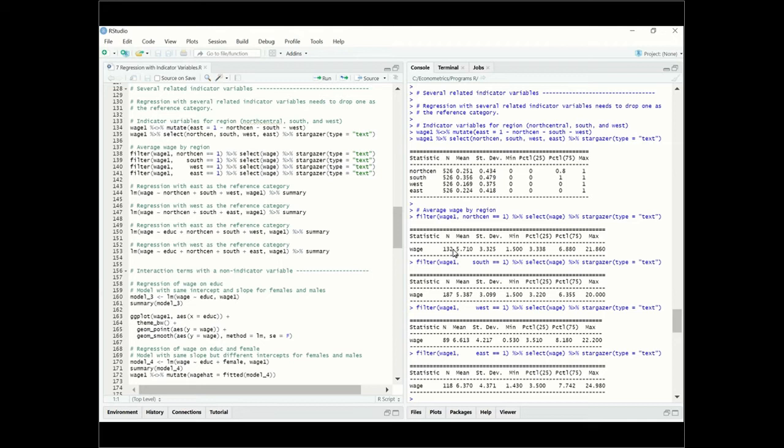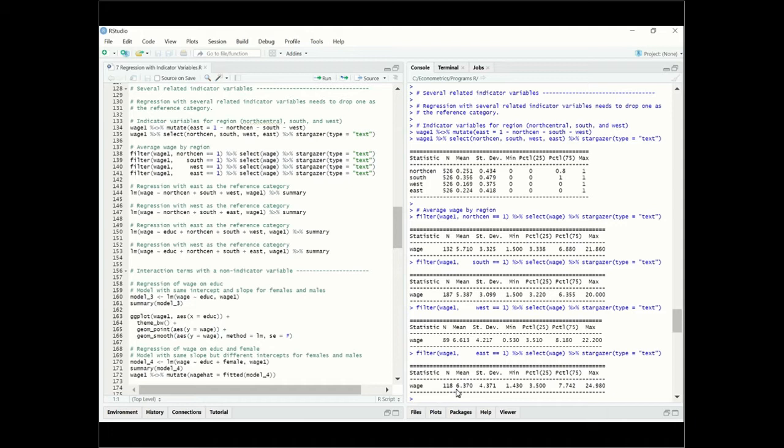The way to interpret this is that if people live in the North Central region, their average wage is $5.71. If they live in the South, their average wage is $5.38. If they live in the West, this is their average wage, and if they live in the East, this is their average wage. Notice how the average wages compare from one region to the next, because when we run a regression, we will be comparing these.